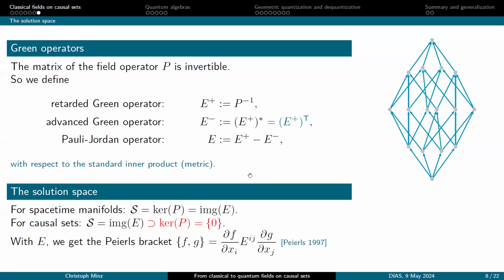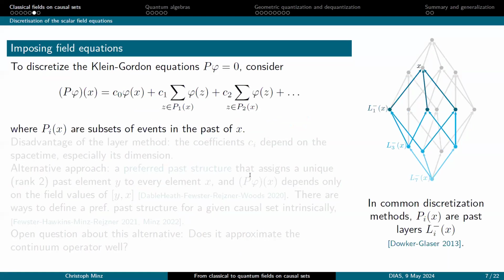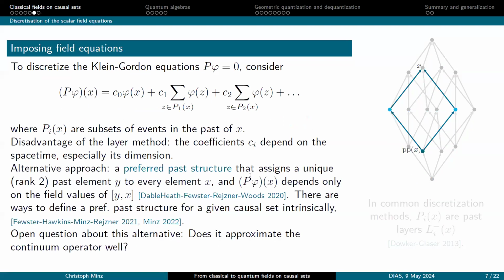If you go back to the previous slide, yes, you had P defined there. Again, this definition of P, or this discretization, is only for a causal set.